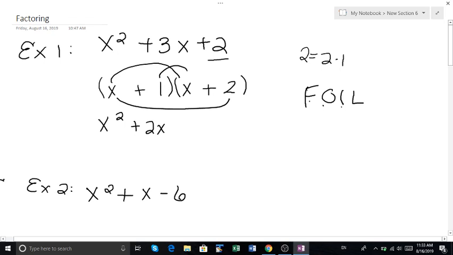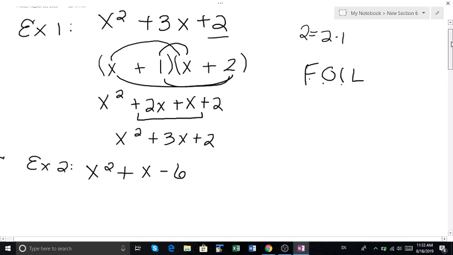Inner is 1 times x, which is just x. Last is 1 times 2, which is 2. Now combining my like terms, I have x squared plus 3x plus 2. And that's what I started out with, so that means I did it right.